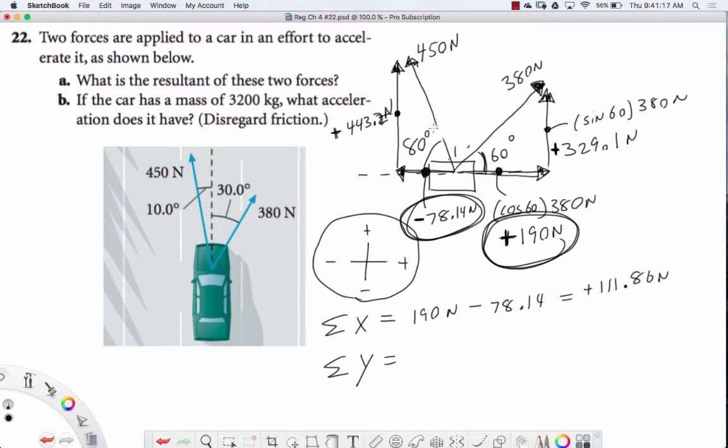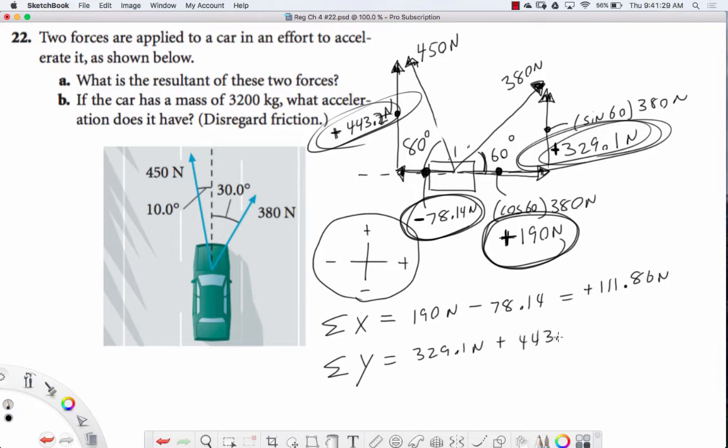And then the y, we have 2 y vectors. We got this guy, and we have this guy. So this is going to be 329.1 plus 443.2. And then this gives an answer of 772.3 positive. So we're almost done.